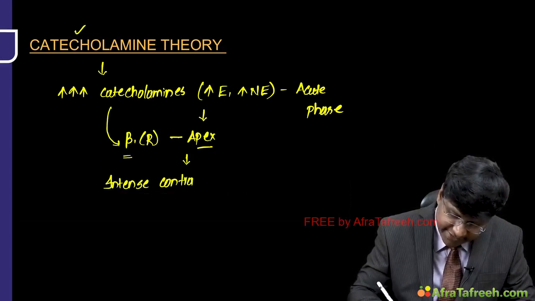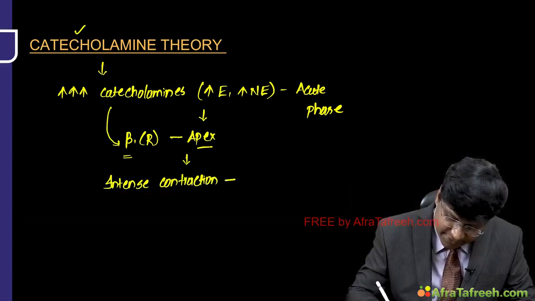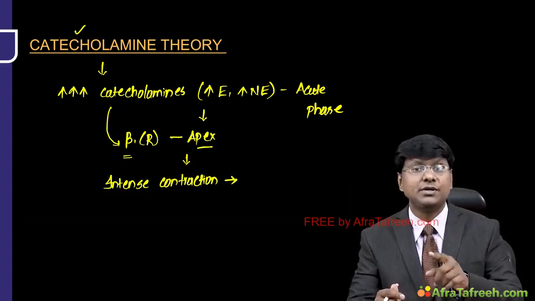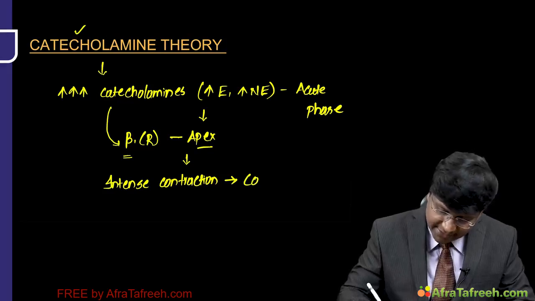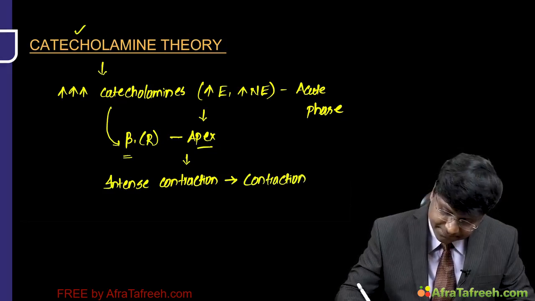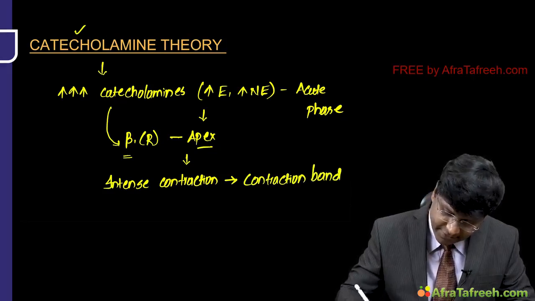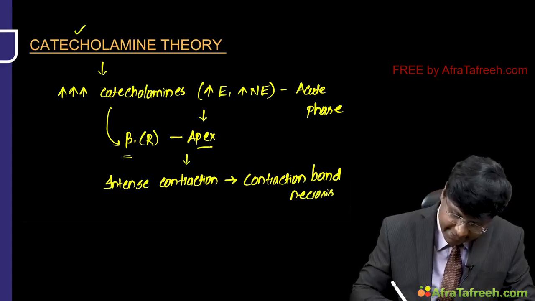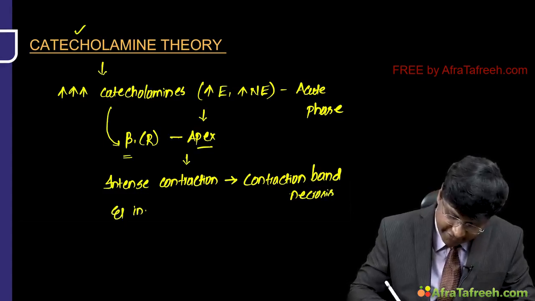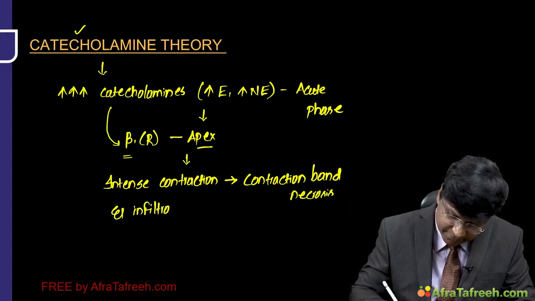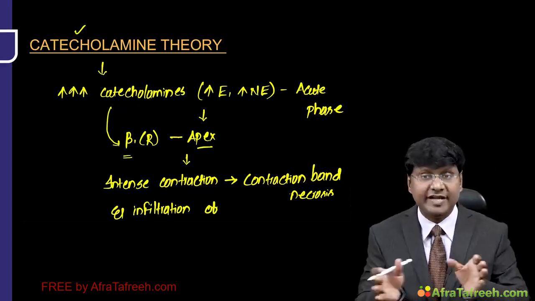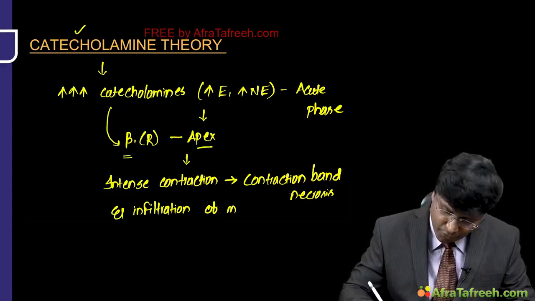This intense contraction of the apex will cause contraction band necrosis, and there will also be infiltration of inflammatory cells, or infiltration of mononuclear cells.